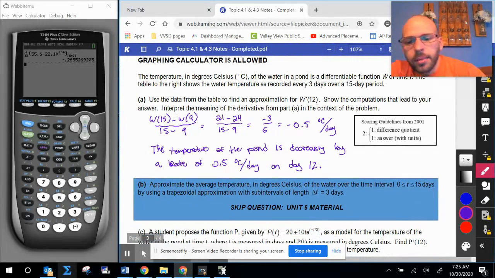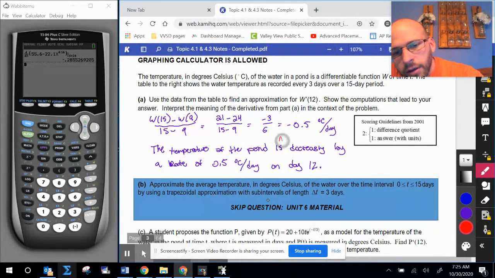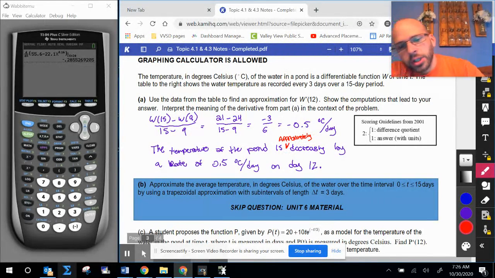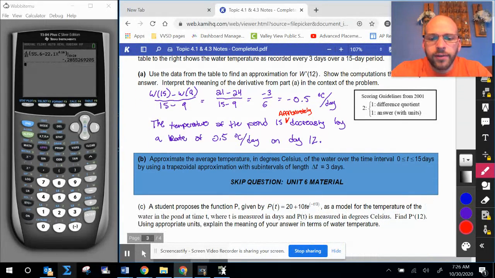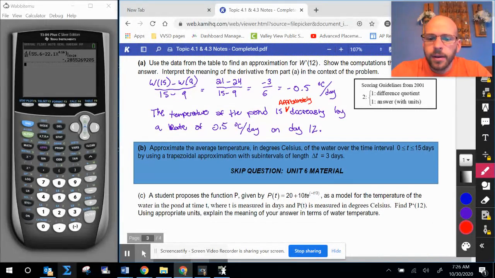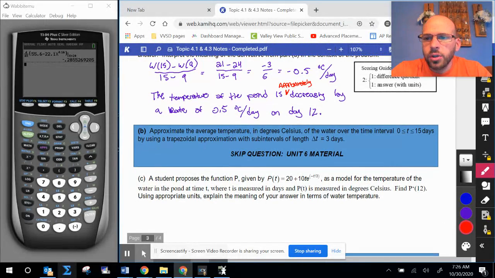Okay? And maybe I should use the word approximately, right? Because we're doing an approximation here, is approximately decreasing at a rate of 0.5 degrees Celsius per day, okay? Again, the focus is on the units here.